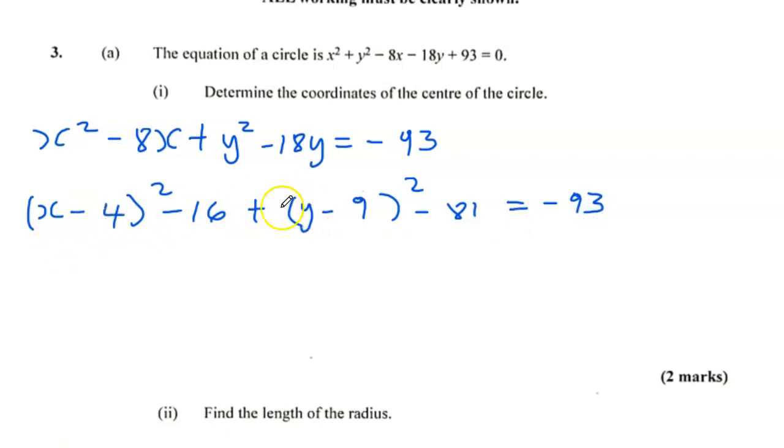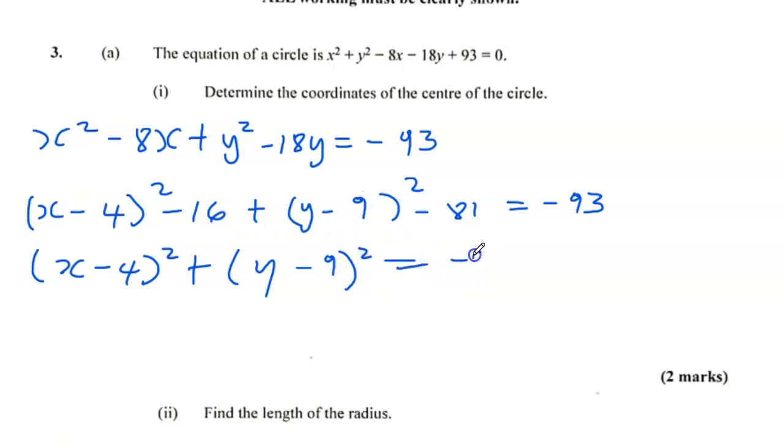So we bring over the constants, so (x minus 4) squared, (y minus 9) squared, equal to minus 93. And let's bring over the negative 16, which is plus 16, and the negative 81, that's plus 81.